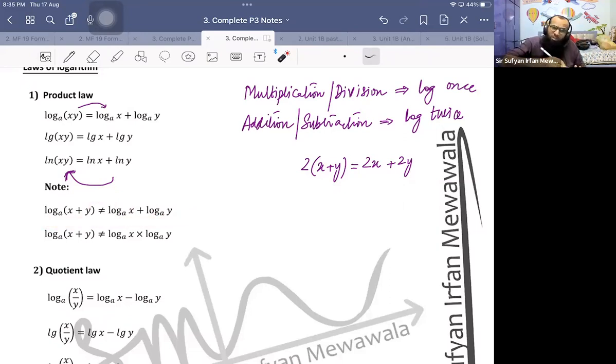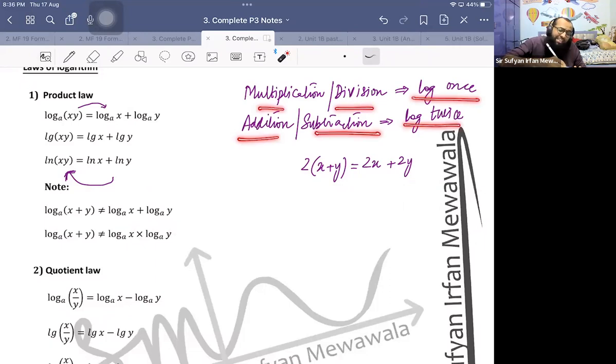Sir, you have told that addition gets converted to multiplication and multiplication gets converted to addition. So if it's log of x plus y with the base of a, then I can do like this. Log of x with the base of a multiply by log of y with the base of a. But sir has also told you one another thing. In multiplication division form, log has to be once. In addition subtraction form, log has to be twice.